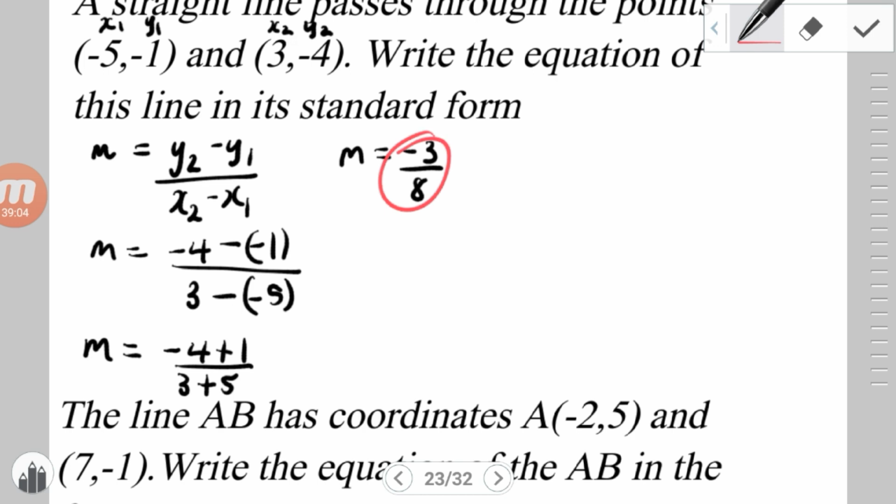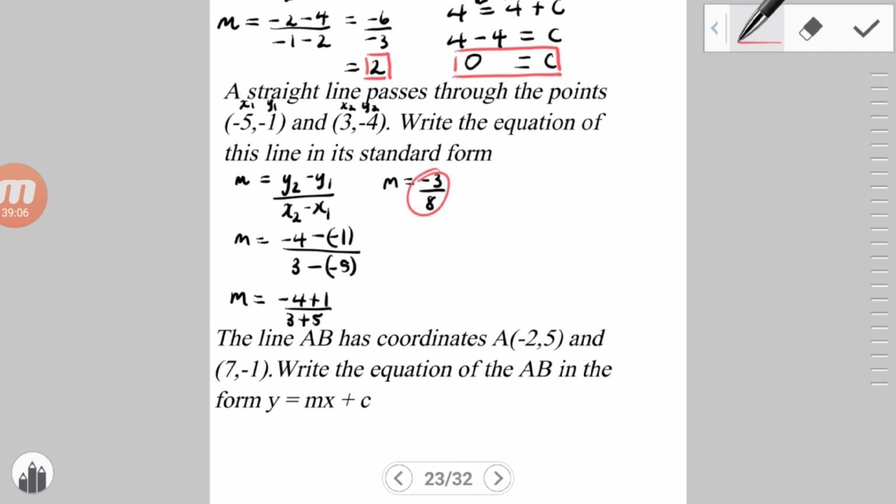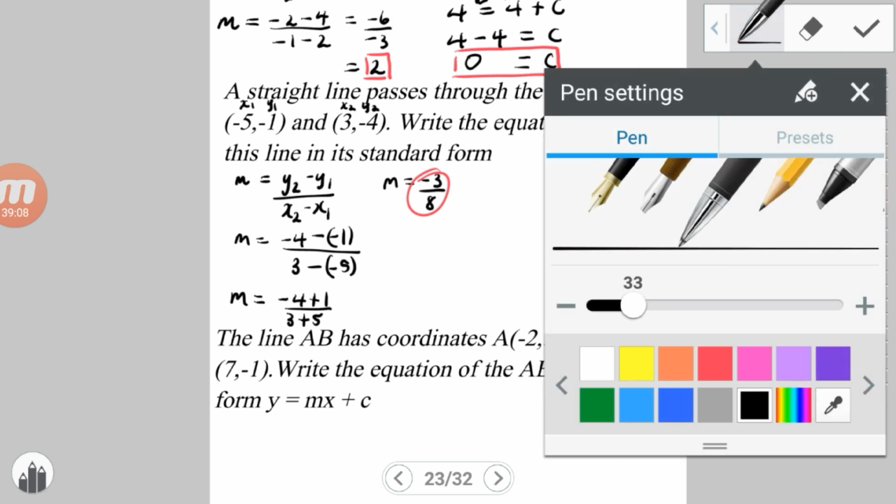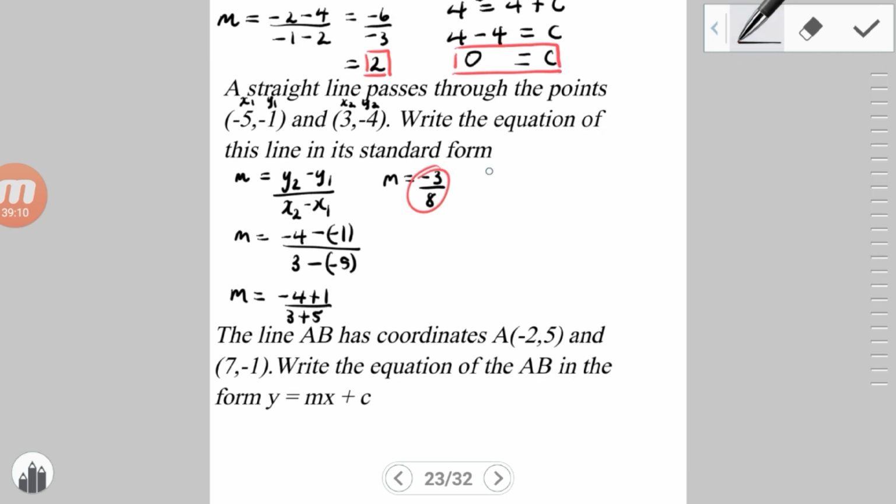Okay, that's the gradient of our line. Now naturally we're just going to go right ahead and process the equation of the line. So that's y equals mx plus c. And so here we're looking at using the x1, y1 pair of points to substitute for our x and y, and we've just calculated m to be -3/8.